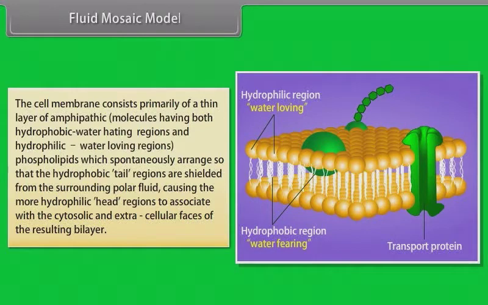and hydrophilic water-loving regions, phospholipids which spontaneously arrange so that the hydrophobic tail regions are shielded from the surrounding polar fluid, causing the more hydrophilic head regions to associate with the cytosolic and extracellular phases of the resulting bilayer.